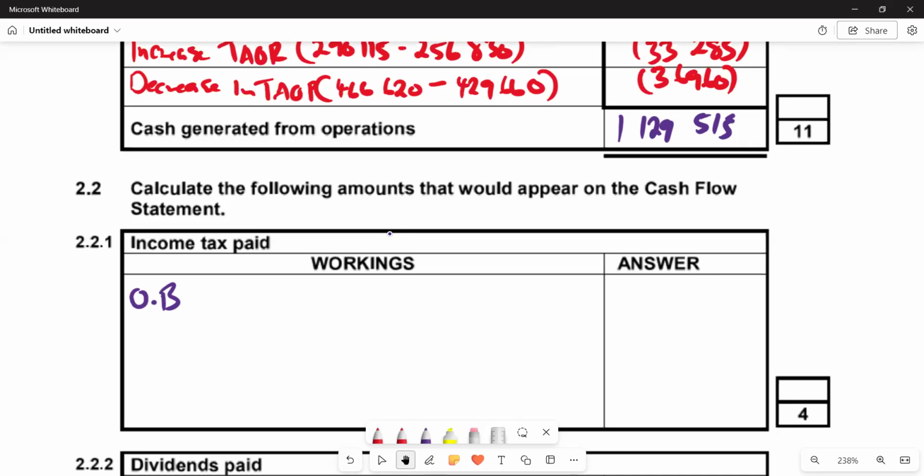So if the opening and closing balances are liabilities, other current liabilities, we are just going to use this formula where we say opening balance, we add the tax for the period that is charged in the income statement, the tax amount, and then we are also supposed to subtract the closing balance of that taxation amount that we have in the list of balances.